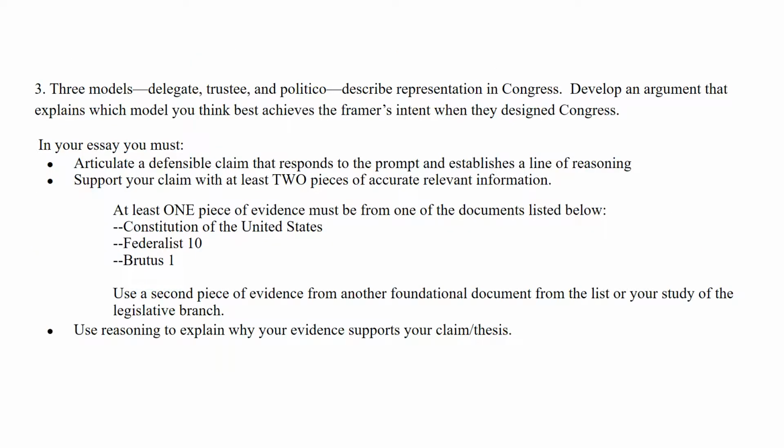Okay, our third question dealt with representation models in Congress: trustee, delegate, and so forth. What's the best argument? Which model serves the intent of the Constitution best? And in this case, again, you're going to have to take a position.